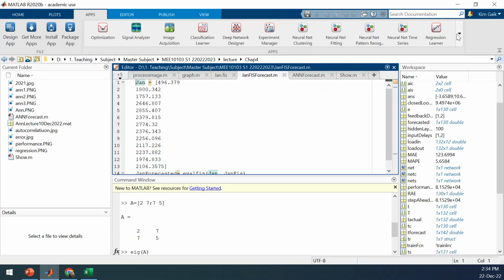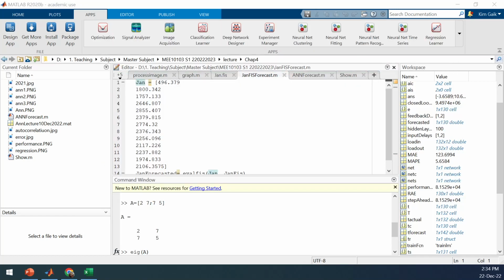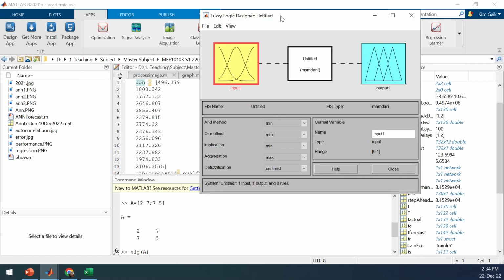The apps in the Matlab apps, fuzzy logic designer. Okay, this is fuzzy logic designer. Then new Sugeno, where the output is a constant.